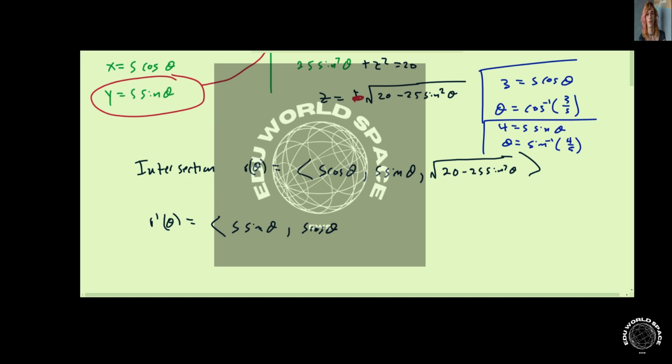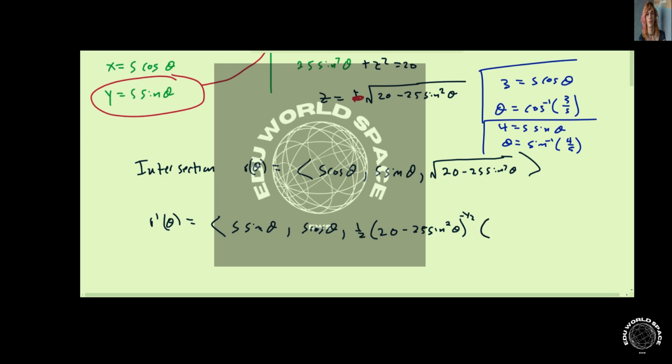And then to take the derivative of the last component, we have to work a little harder. We'll use the power rule, so it'd be 1/2 times 20 minus 25 sine squared theta to the negative 1/2 power. Then we take the derivative on the inside.